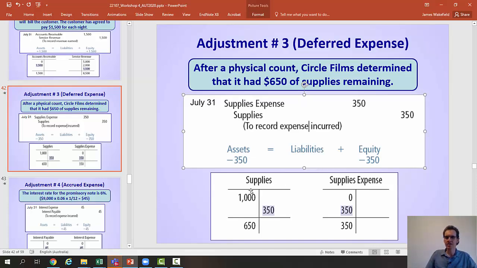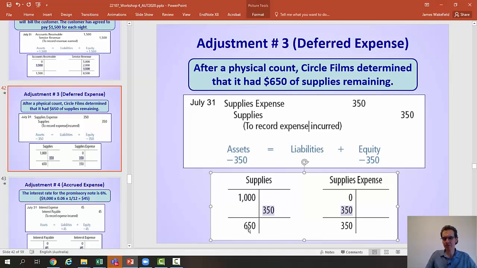Now, if we go back to last week's class, we learnt that Circle acquired $1,000 of memory card supplies. So if we do a stock check and we find that we have $650 of supplies remaining, which is therefore the final balance of that asset T account. That's what's left, so that's what the balance is.